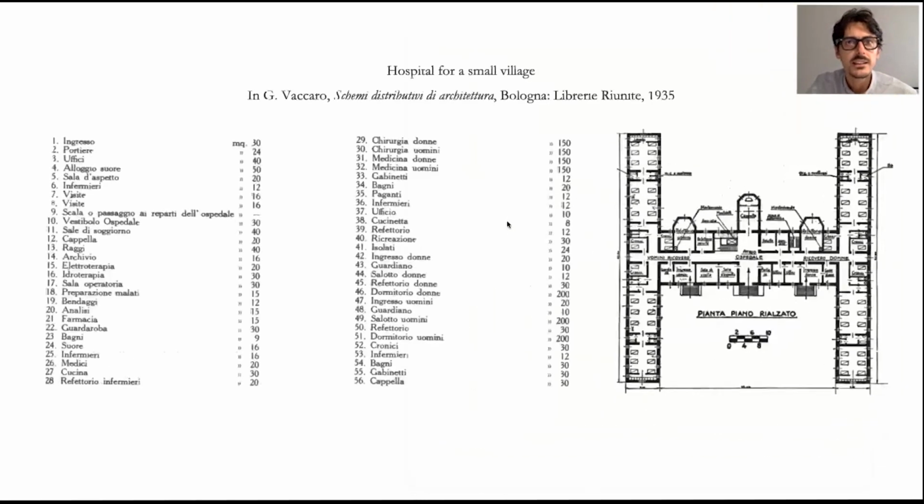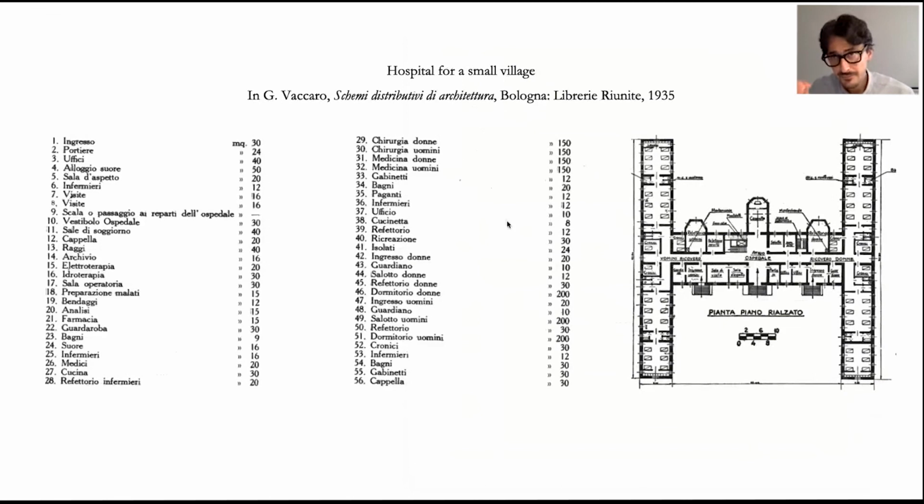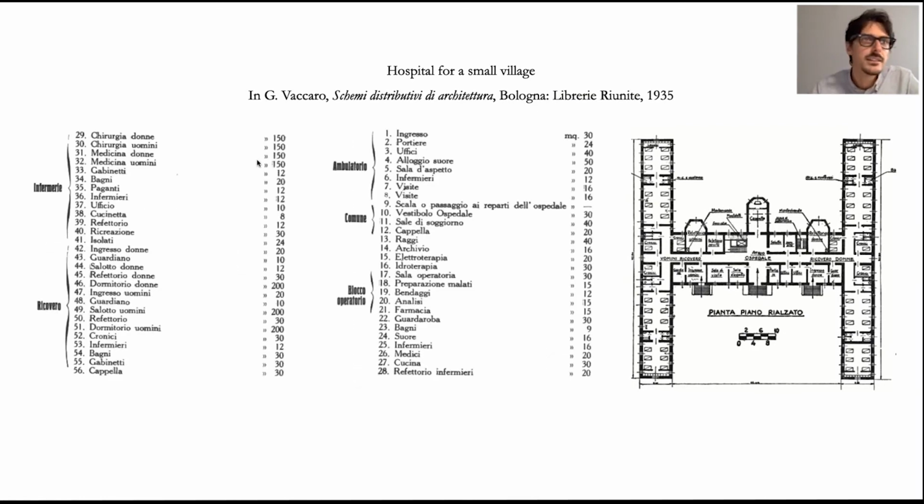What he does, he starts to list all the rooms and all the other entities, not only rooms, but also other entities that are related to that plan. He does not only list them, but also provides each one of these items with its own specific surface. Then the second step is that he divides this overall list into a set of categories, therefore into families of similar functions.